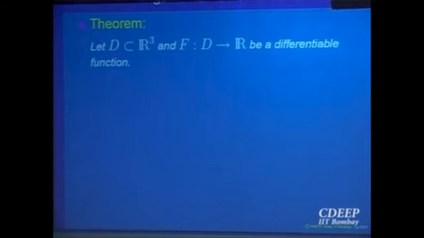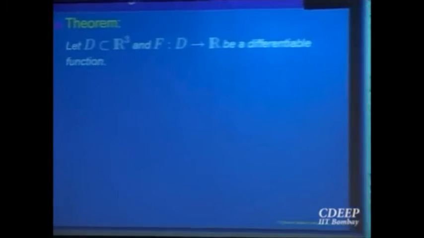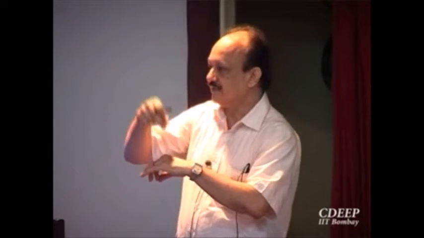The idea is that we go to a lower dimension: look at a curve on the surface, any curve lying on that surface passing through that point. That curve has a tangent vector at that point, so there is a well-defined normal to that curve.